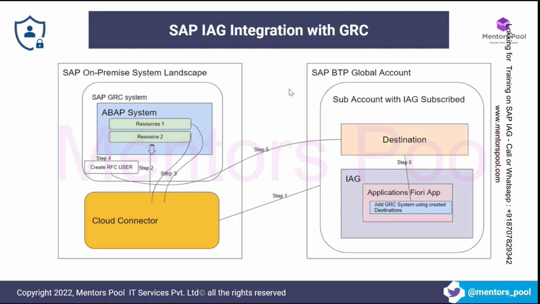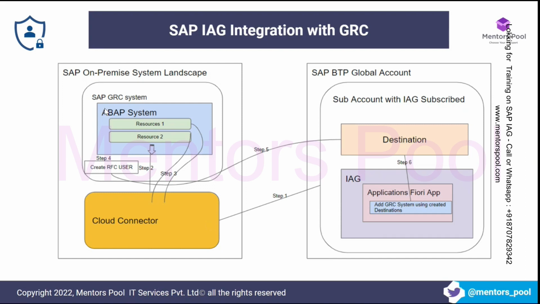So we can start with the first step. The first step says add the BTP sub account where IAG is subscribed in Cloud Connector. As soon as you do this, you have a connection created with your sub account in Cloud Connector.